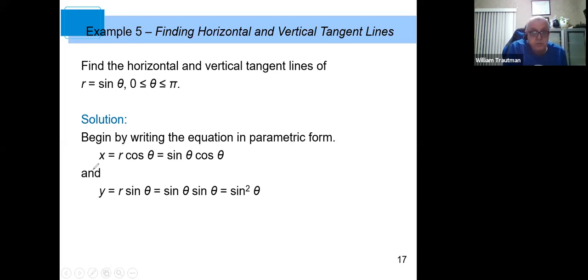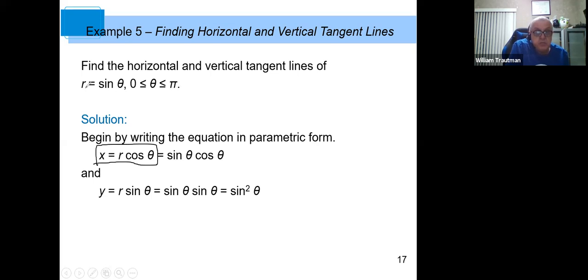So we know x equals r cosine theta. Let's just do one at a time.